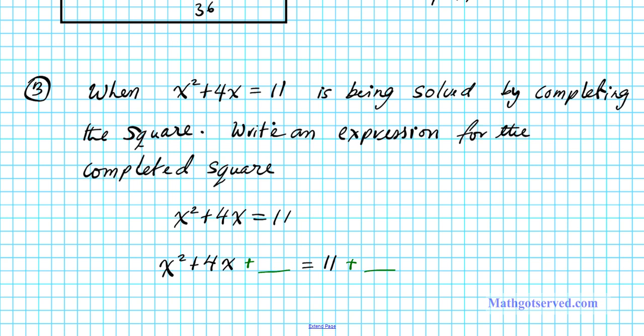Okay? Now to complete the square, remember it's (b over 2) squared. In this case, b is 4 because b is the coefficient of x, and c is what completes the square. So we divide by 2. Remember, it's b over 2, which is 2, and then we square that. (b over 2) squared is 4. So we're going to add 4 to both sides.